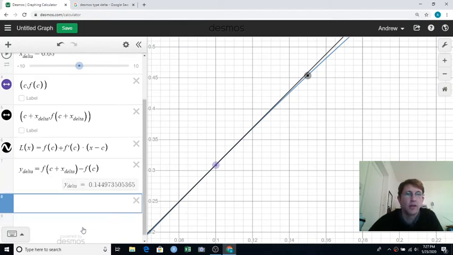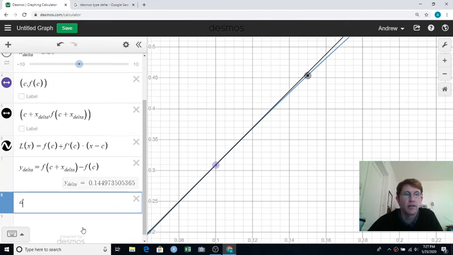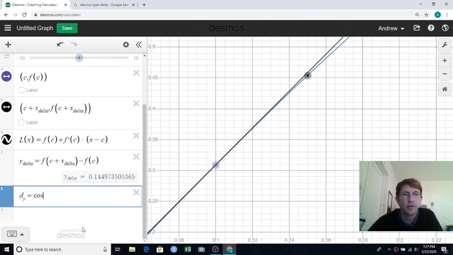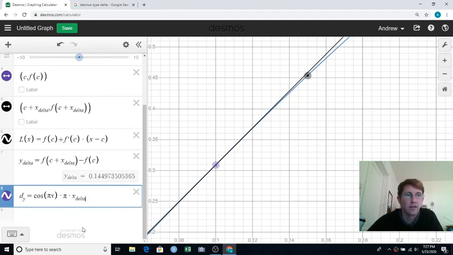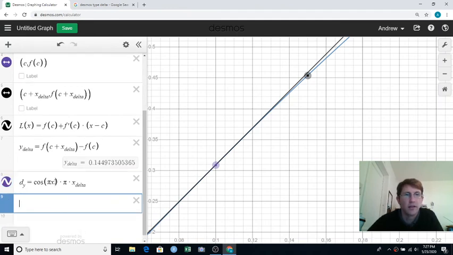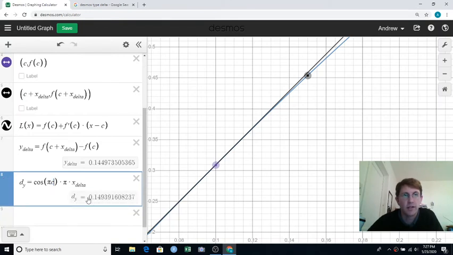And then we also had dy, which was cosine pi x times pi times dx. And it doesn't know what to do there because it doesn't know what this x is, but if we put in the c, then we get that value.